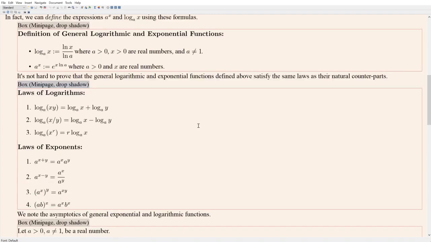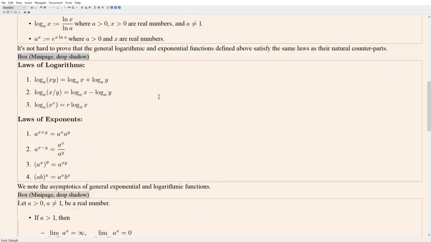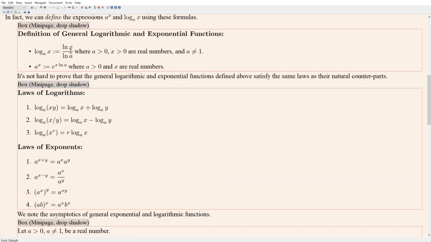I'm not going to go through it, but it is easy to prove that all of the laws of logarithms and laws of exponents that were derived for the natural functions also hold for the general functions, as we would hope. They follow almost immediately from these definitions.